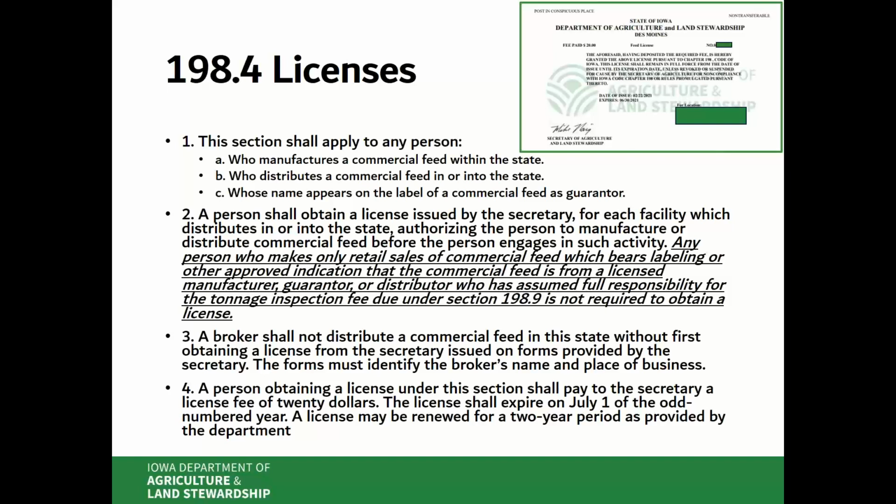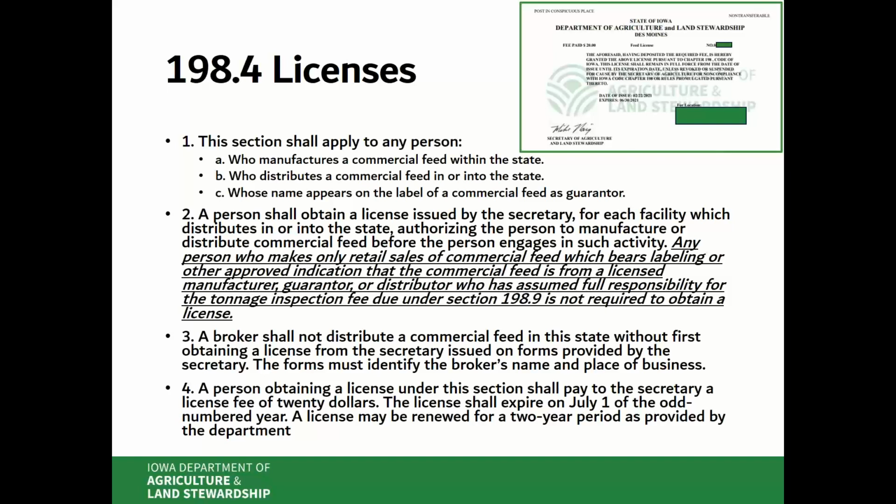So a person shall also obtain a license issued by the secretary for each facility which it distributes in or into the state, authorizing the person to manufacture or distribute commercial feed before the person engages in such activities.